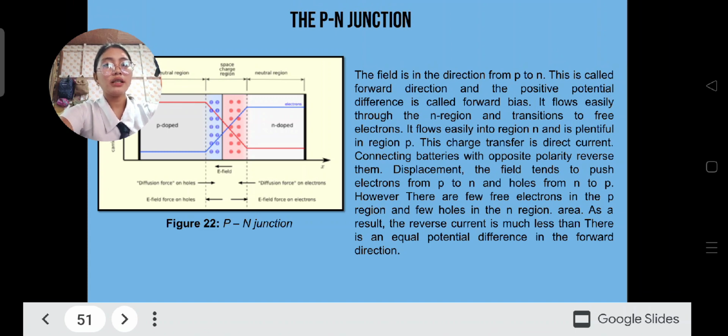The field tends to push electrons from P to N and holes from N to P. However, there are few free electrons in the P region and few holes in the N region. As a result, the reverse current is much less than with an equal potential difference in the forward direction.